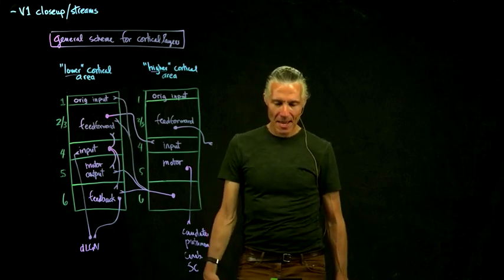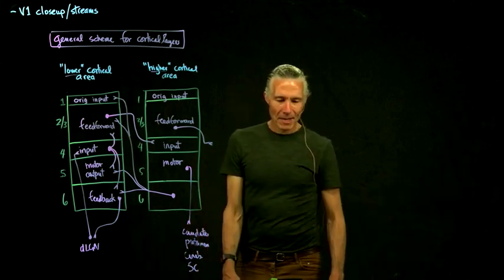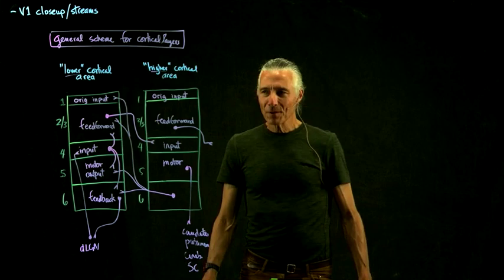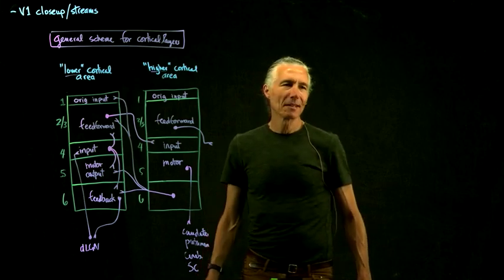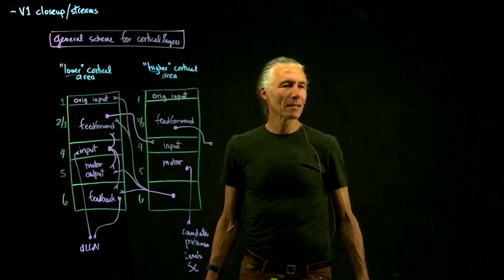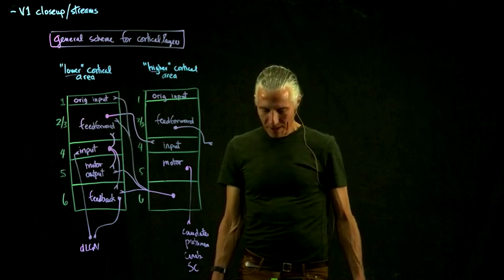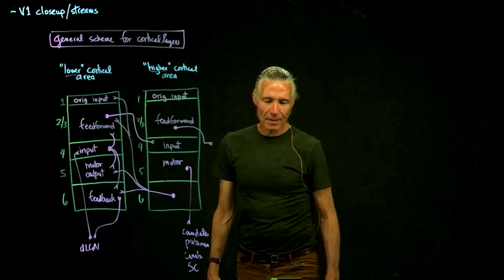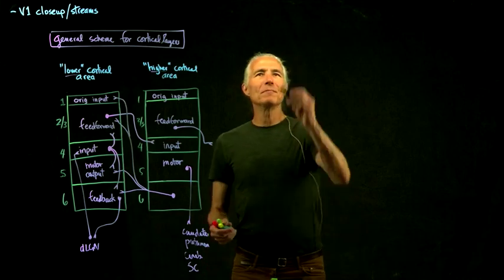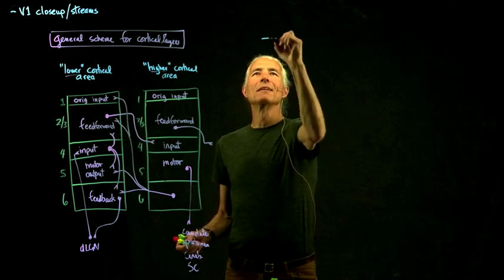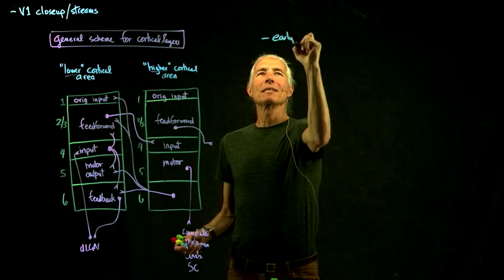So when people first went into the cortex, like Hubel and Wiesel, to try to actually study how the cells respond there, so what were the early expectations?